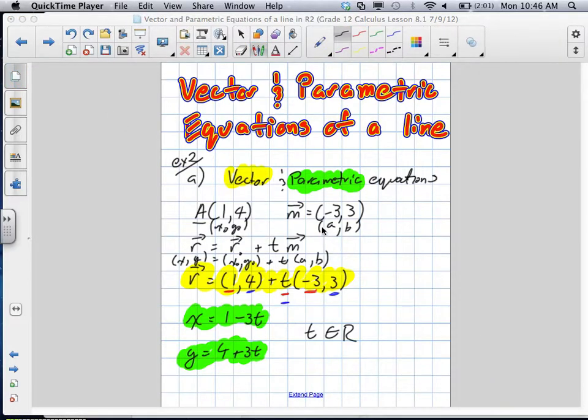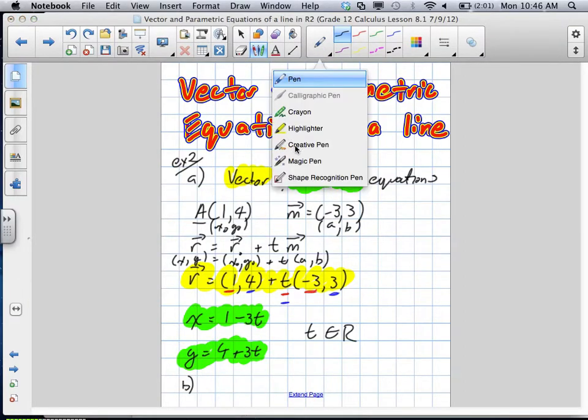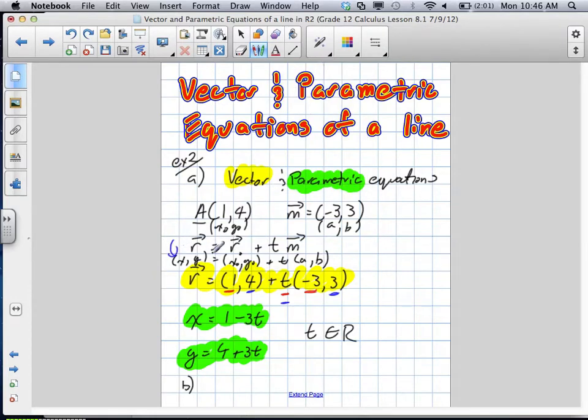Part B asks us to actually sketch this line, so we're going to do our best. I do want to draw your attention to one other thing. This also helps with our parametric equation, because think of this as our x naught value and our t-a value.